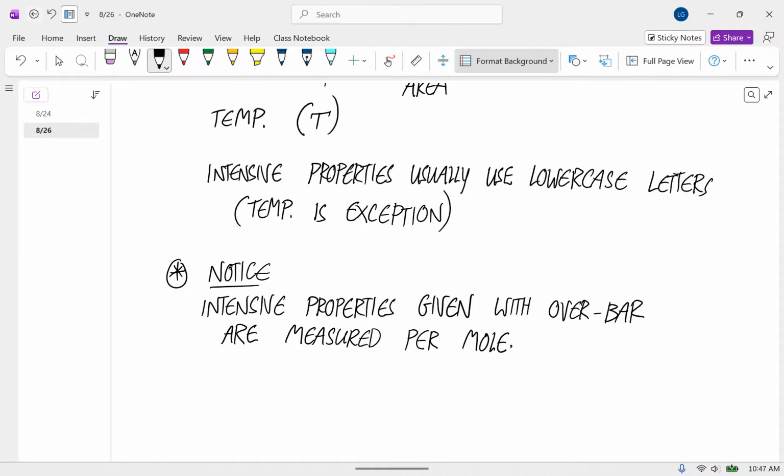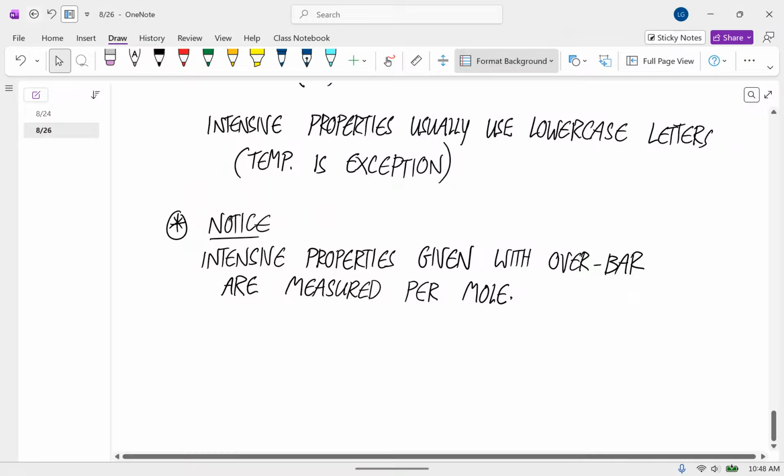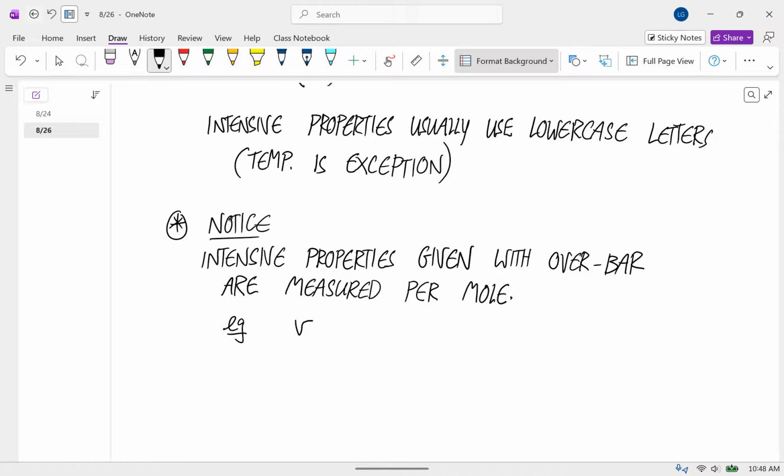For example, if you see a lowercase v with a line over it, an overbar, this is volume per mole, or molar volume. We won't deal with that too much, but we'll see it sometimes.